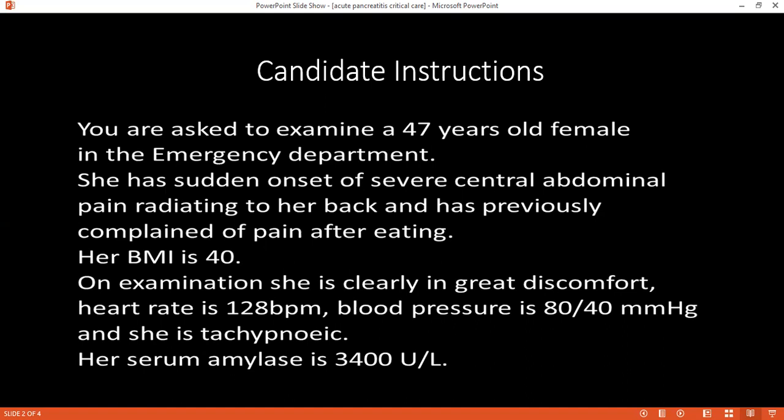Can you please tell me why a patient with acute pancreatitis presents with hyperglycemia? Yes, ma'am. There may be damage of pancreatic beta cells and decreased release of insulin, and there may be sepsis that will cause further hyperglycemia.